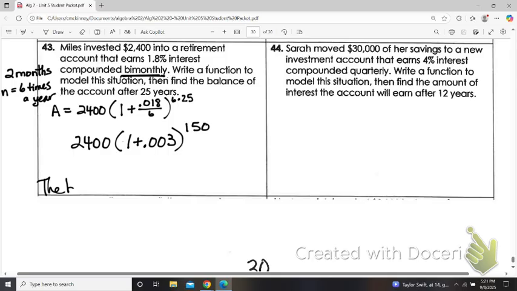Okay, so I could say the balance of the account will be, again, dollars, cents.